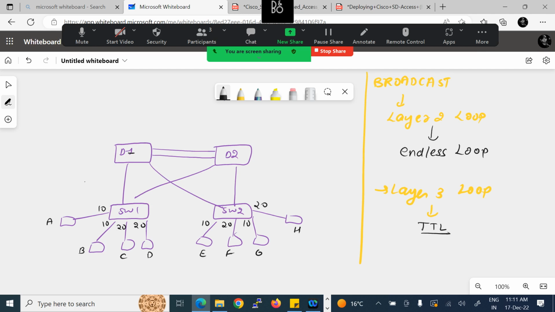Now, we have to add a new protocol which is known as STP. So all of the ports will become DP, RP, alternate, RP, alternate, DP, DP, RP, alternate, because I'm assuming that D1 is my root.